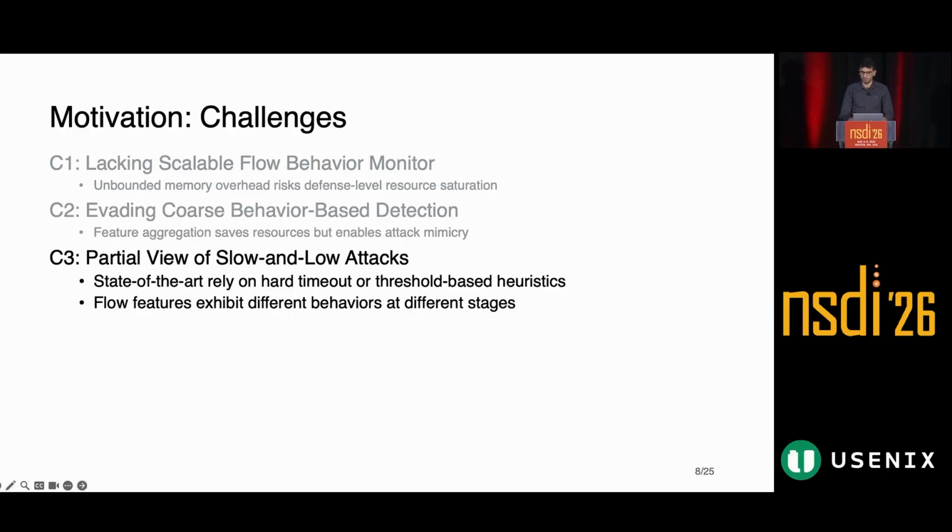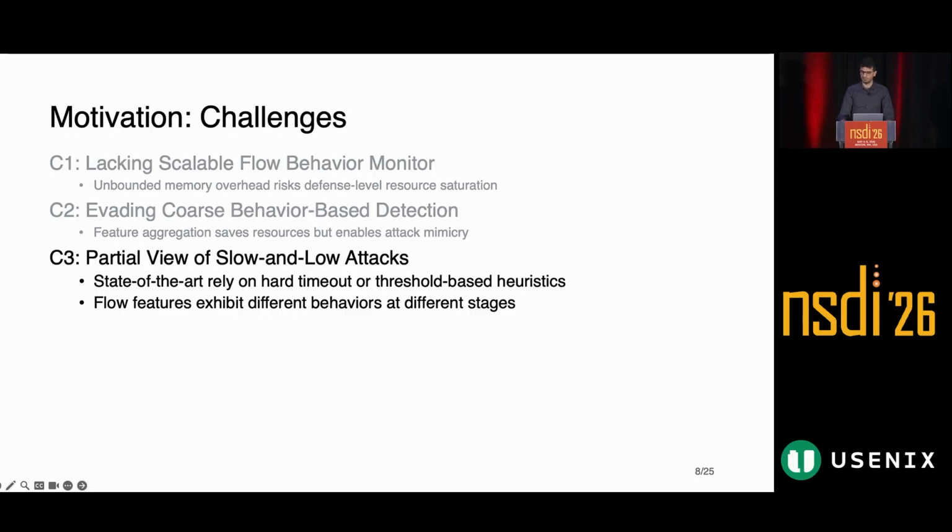Third, partial view of slow and low attacks. Training a machine learning model offline on completed flow data and then deploying it during online detection is common practice in current approaches. However, a dataset of completed flows is almost unavailable during online detection, especially in a dynamic network environment.